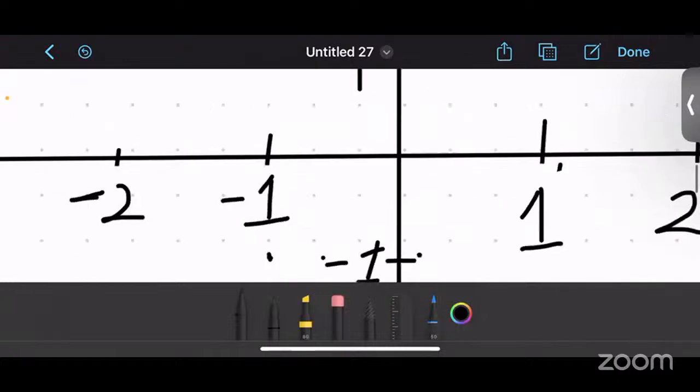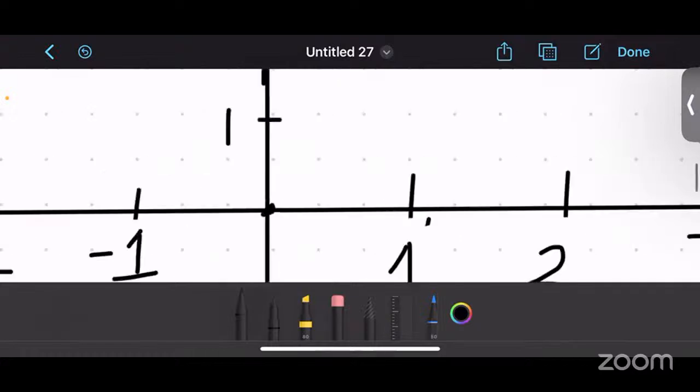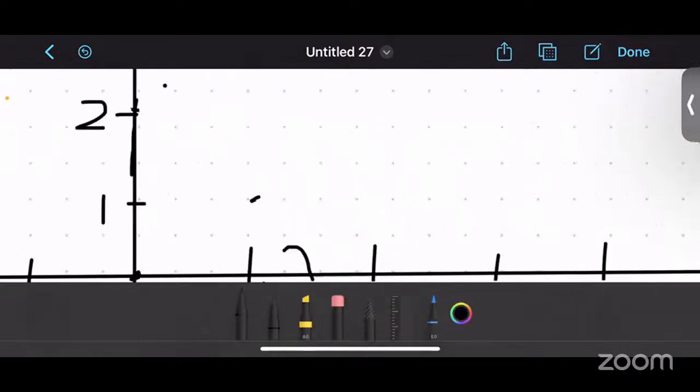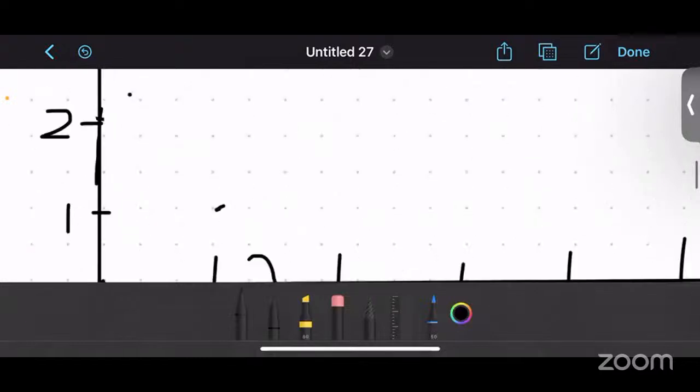So basically what we are doing now, we are plotting, right? So this is 0 and 0, which is the origin point, okay? And then we have a +1, which is here and here. And we also have a +2, which is going to be somewhere here, if I'm correct.